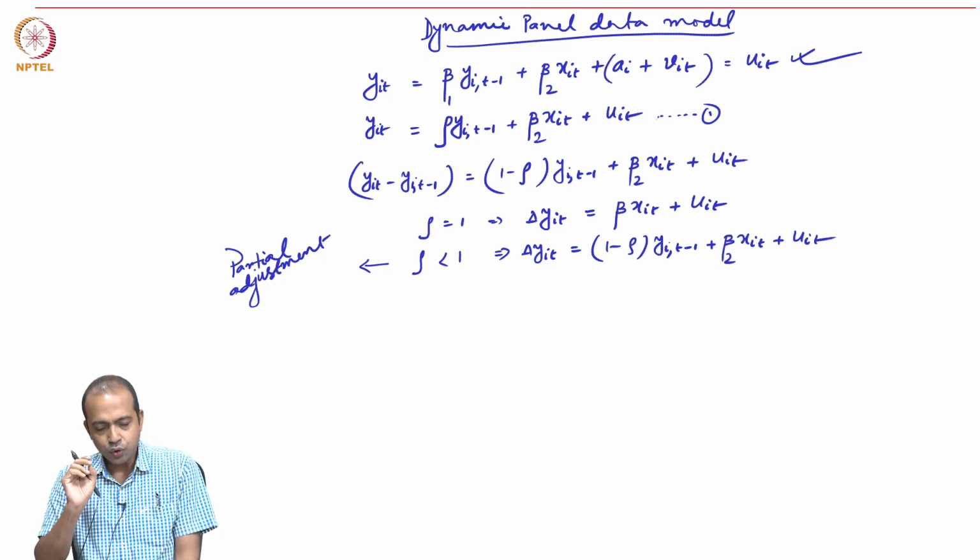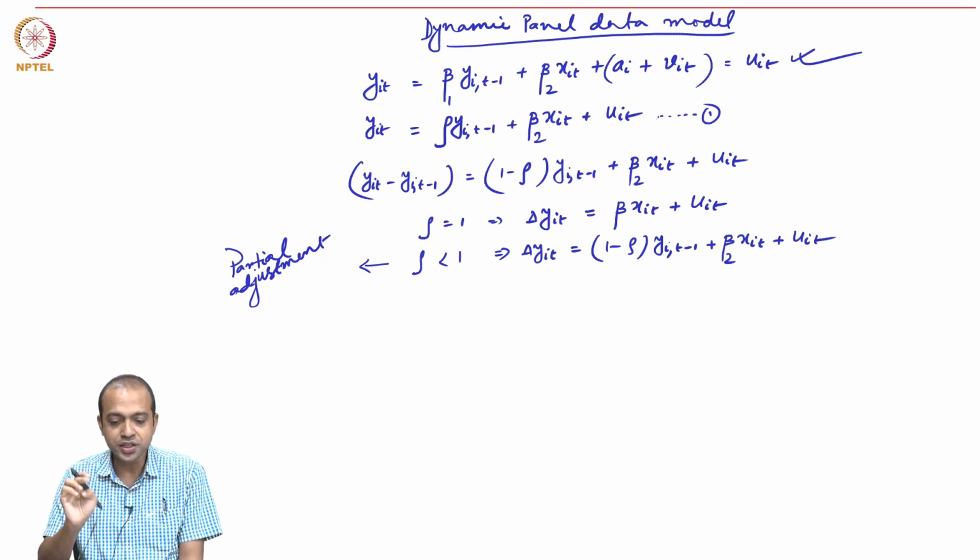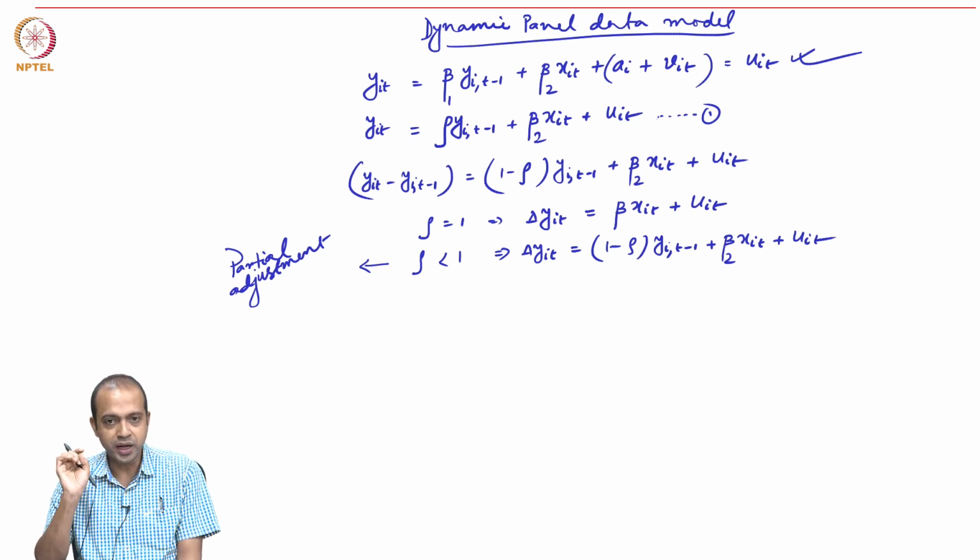And then we said, what is the solution? We cannot estimate this model by OLS. We must go for the fixed effect transformation to remove the a_i.